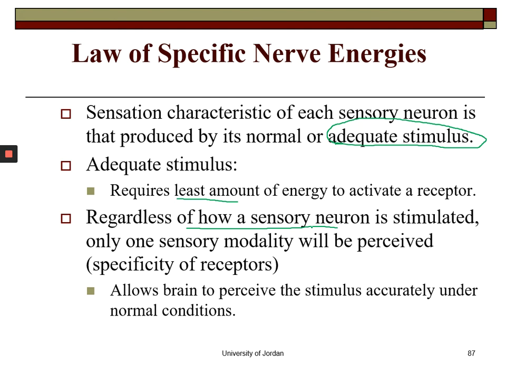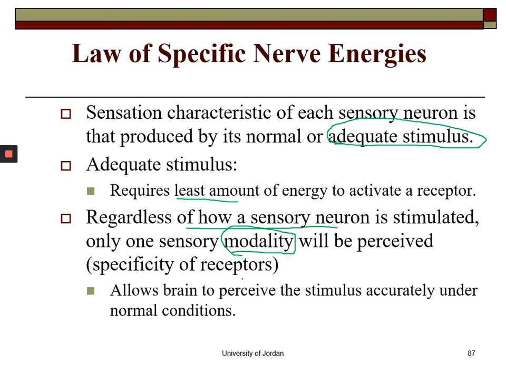If you stimulate the receptor, the neuron, the CNS, or the cerebral cortex area, you feel the same sensation. So regardless of how the sensory neuron is stimulated, only one sensory modality, الموداليتي اللي هي حكيناها type of sensation, one modality.